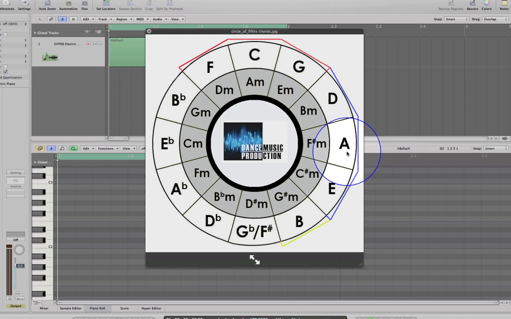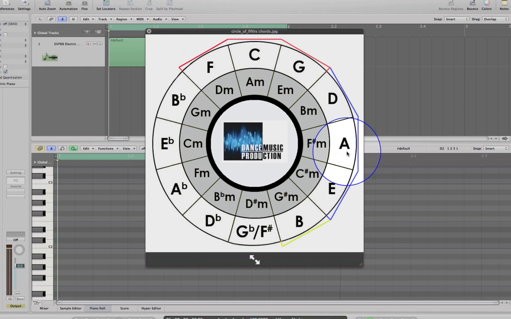Now, I must stress here that it's not always the case, and you shouldn't rely entirely on the circle of fifths for a progression. And it's for that reason why I didn't want to discuss this circle in the previous session. I found that if you rely too much on the circle to produce your progressions for you, they tend to sound a little tepid, a little programmed, a little boring.